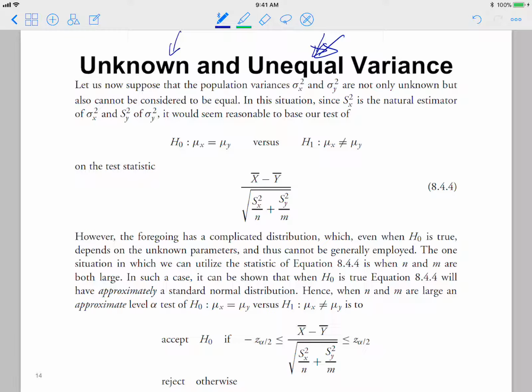But the solution that we use in handling this case is really simple. We have two samples which have two different means and two different variances which are also unknown. In that case, we assume that n and m are sufficiently large values.